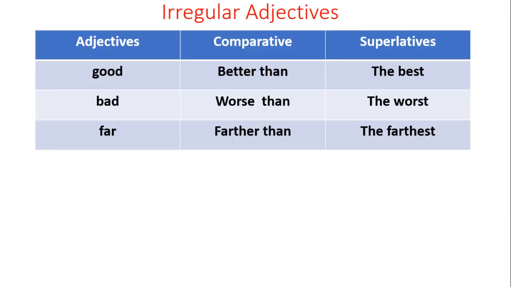Also, my students, we have irregular adjectives. Like the adjective good. To make comparative with the adjective good, we use better than. To make the superlative, we use the best. Good, better than, the best. These adjectives, we call them irregular adjectives.